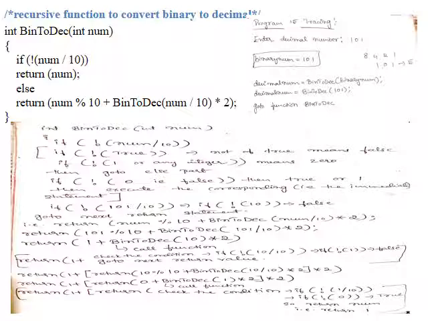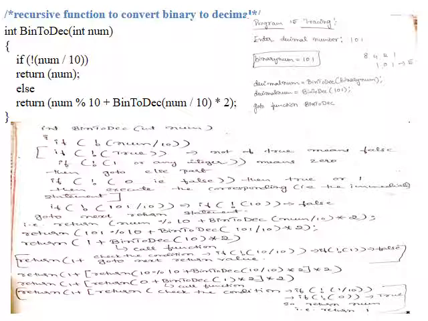If the value of num divided by 10 is 0, that is false, then the negation, not of 0 or not of false, is true. Then in such a condition we execute the first return statement, that is return of num.